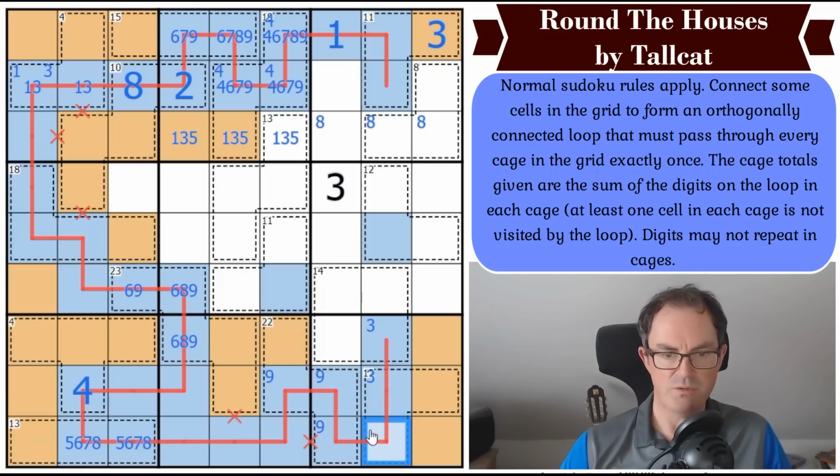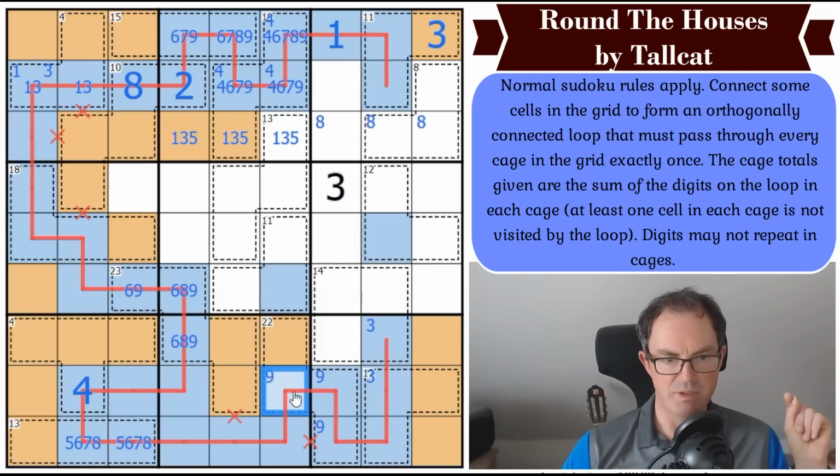So that's not a 3. But if this was a 3 and this was a 9, this would be a 9. That would not be a 9. What are the... Oh, there's no 9 down here already. What about if this is a 3? Oh, that doesn't... That feels like it's very flexible, actually.